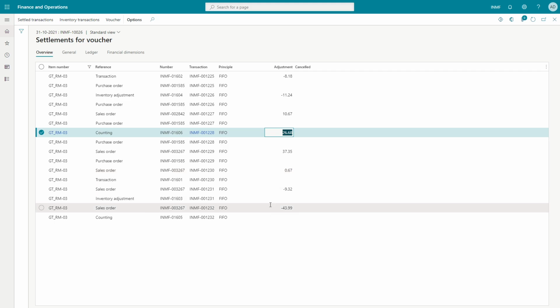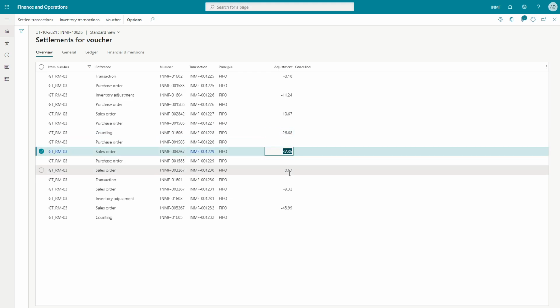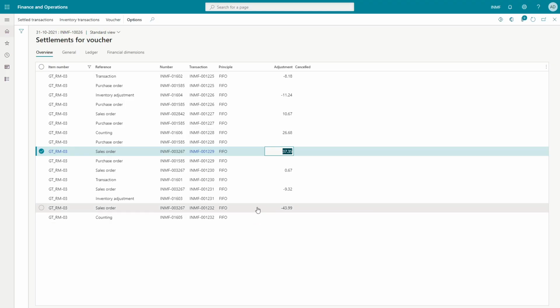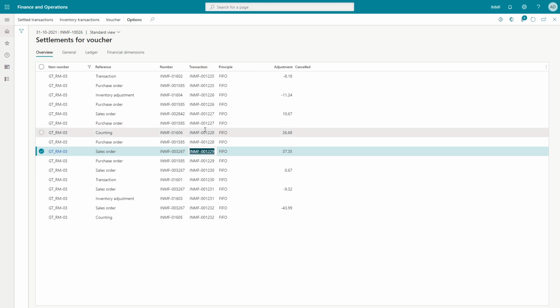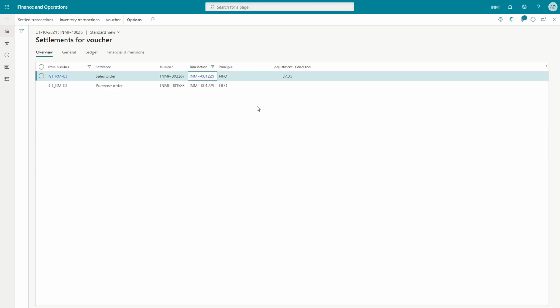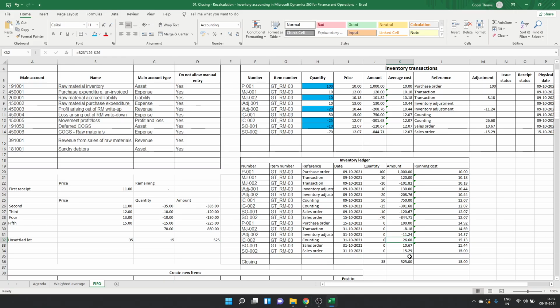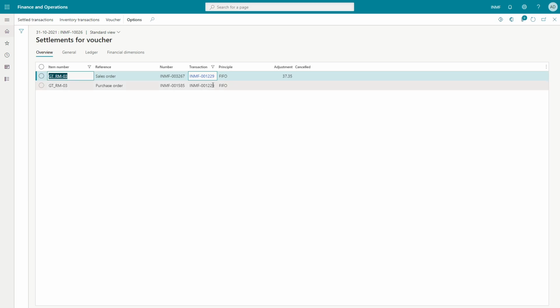And last but not least is this breakdown. So if you see, the system has posted all these transactions on the same sales order. If I filter out this sales order, which is my last sales order, it has posted 37.35 there on the last sales order. It has posted only that much of transactions.